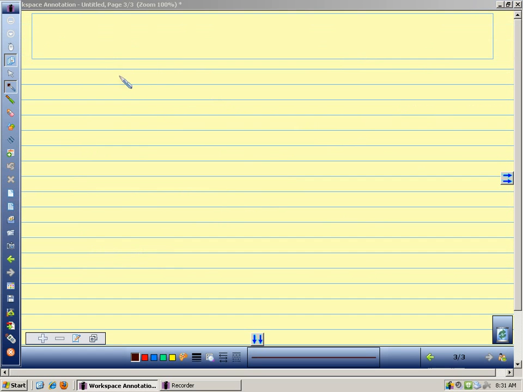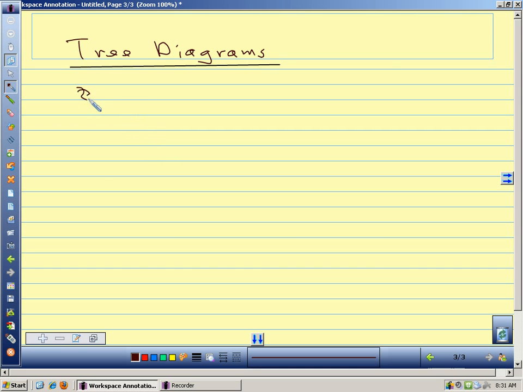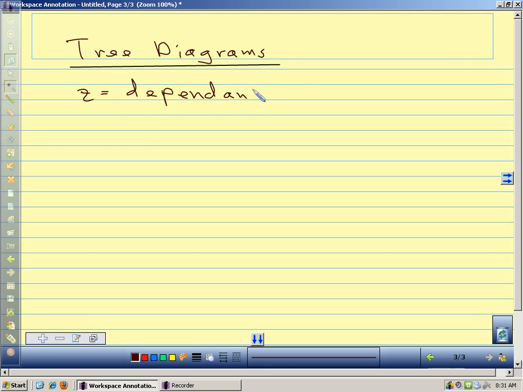All right, so tree diagrams help us keep track of our partial derivatives. For our tree diagrams, z is the dependent variable. x and y are the intermediate variables. And s and t are the independent variables.